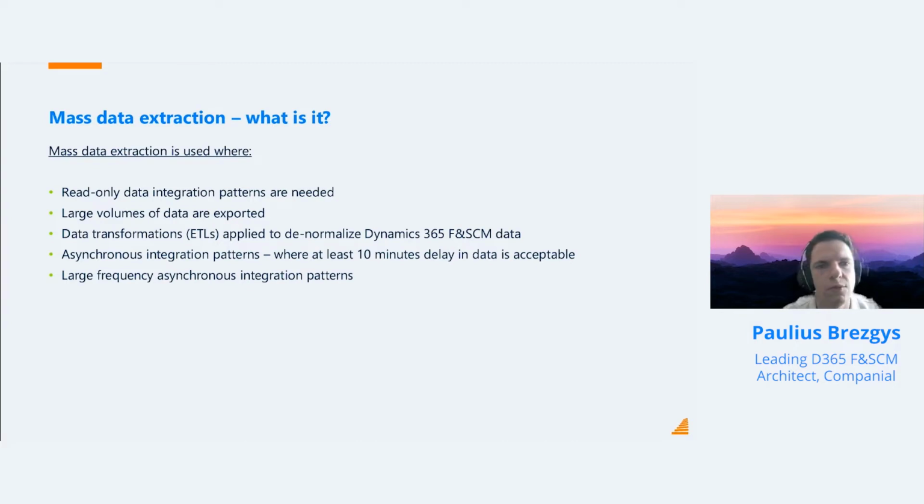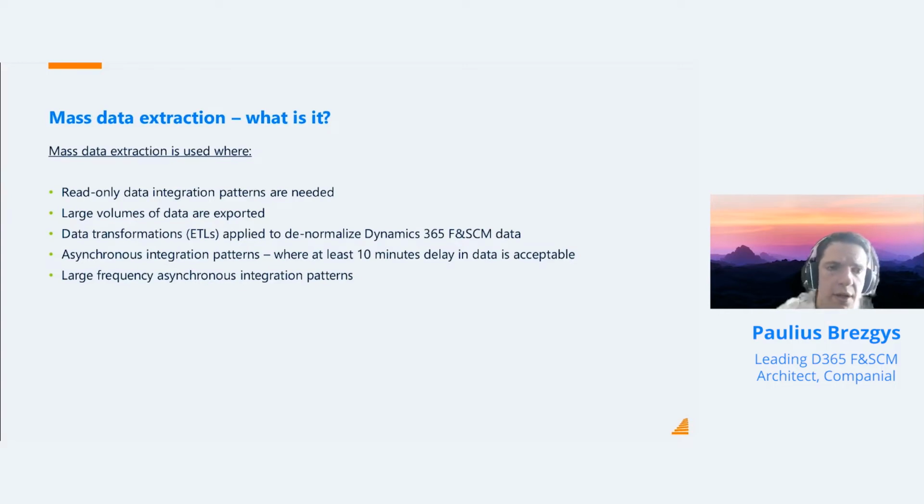That's where you're probably going to be using a copy of the database to keep the original system not loaded. The second pattern where it's really used is large volumes of data. So if you need financial history to be exported somewhere, you're not going to do that by files or by OData. You're going to use something that's more robust, right?